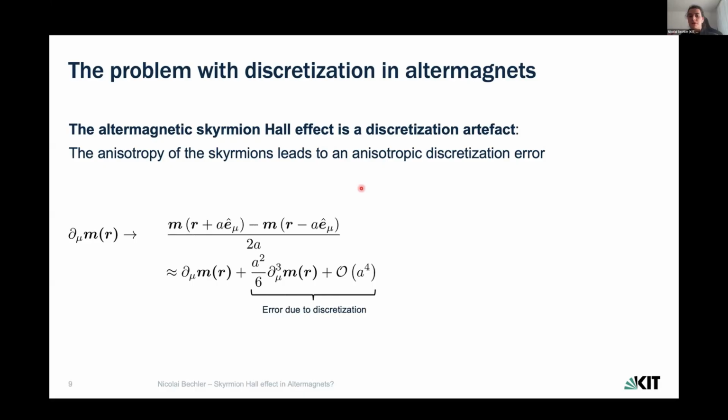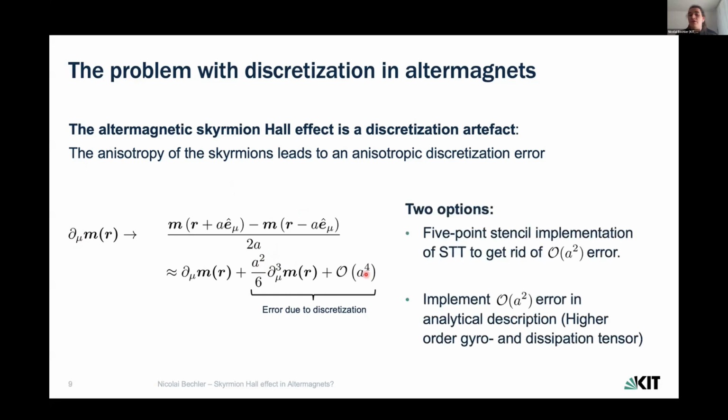And to prove this point, typically the derivatives are discretized with a symmetric finite difference, where the first error is of order a squared, like the discretization to the power of 2, and then of course we have higher-order errors. So to prove our point that this is just a discretization error, we have basically two options.